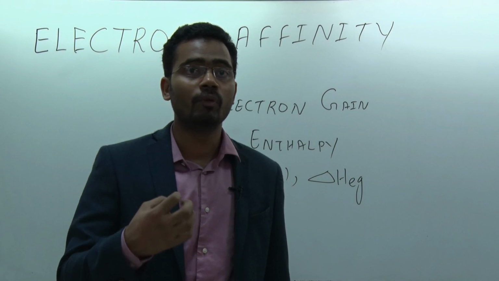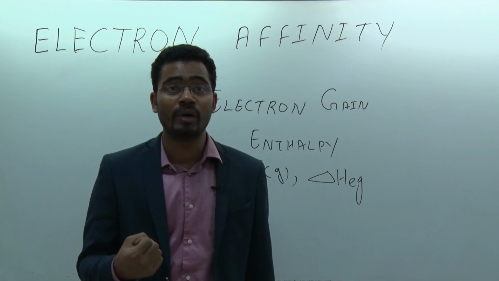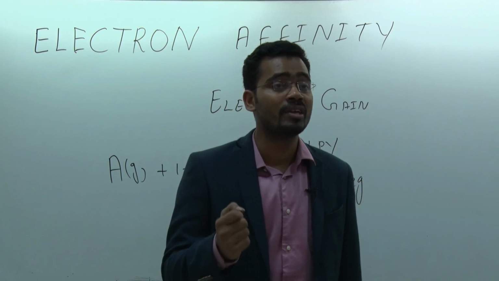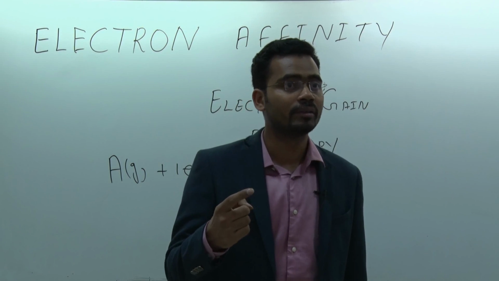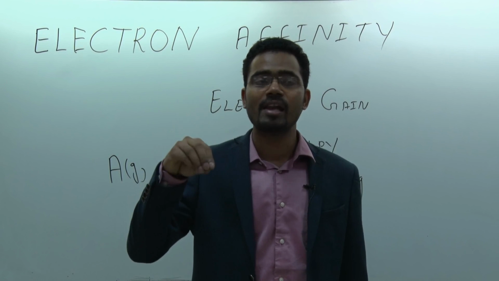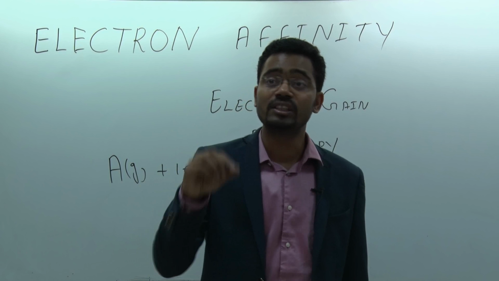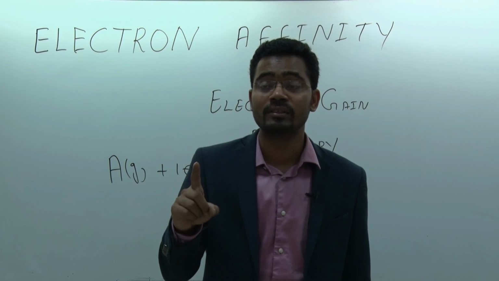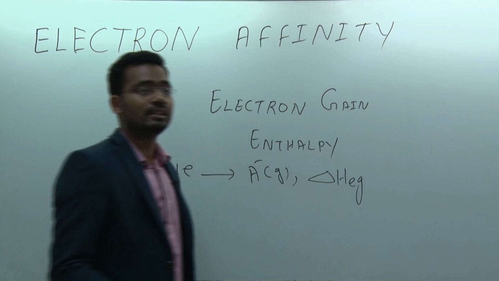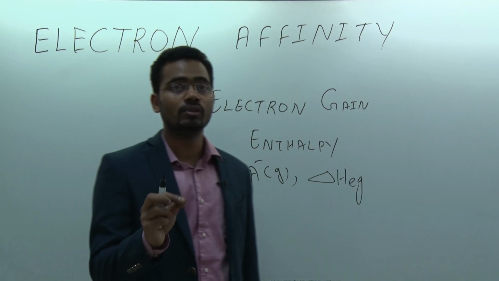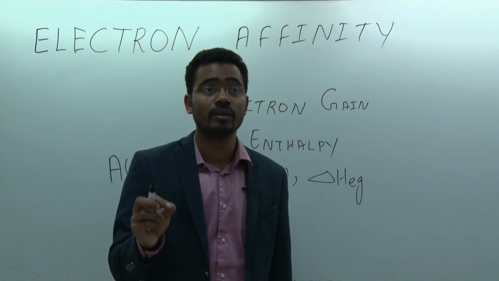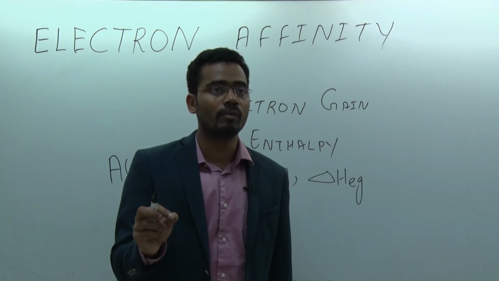If there is a force of attraction, then always energy will be released. If there is a force of repulsion, then always energy is required. Got it? So when an electron is added to any element in gaseous state, generally energy will be released. Yes or no? So delta H of EG will generally be negative. That is, electron gain enthalpy is not always, but generally, negative.